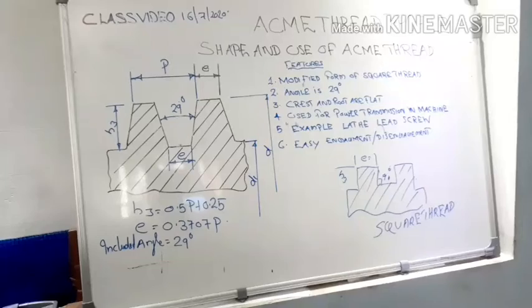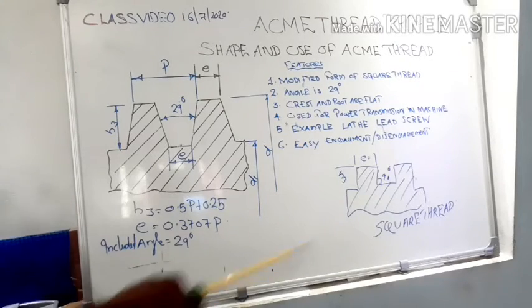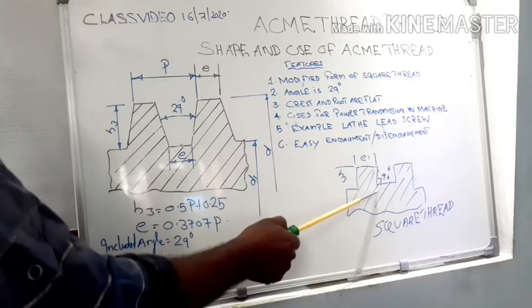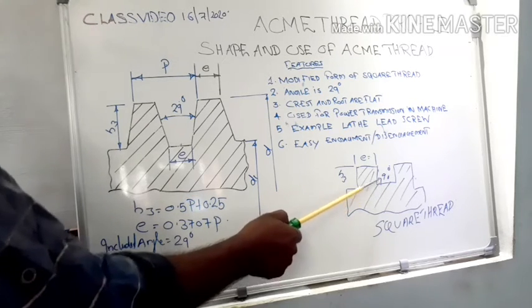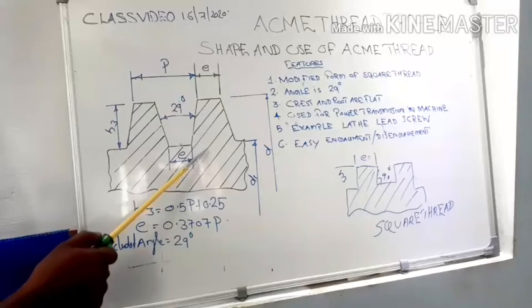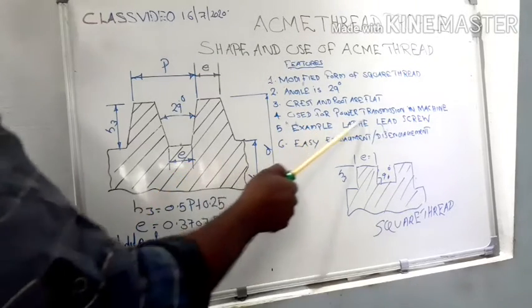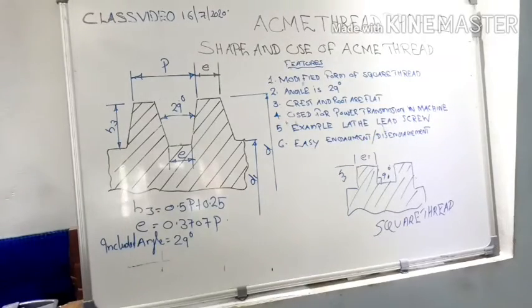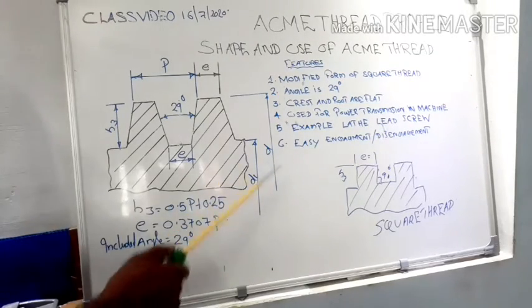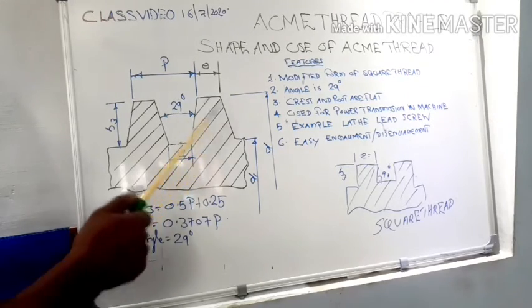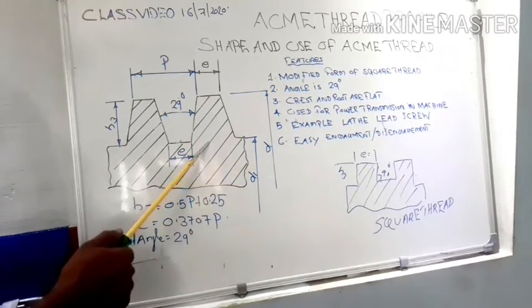Square thread is mainly used for load lifting applications, but Acme thread is mainly used for power transmission. Especially in some machines, these types of threads are used for transmitting power.